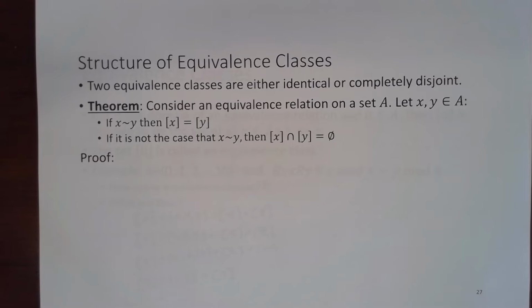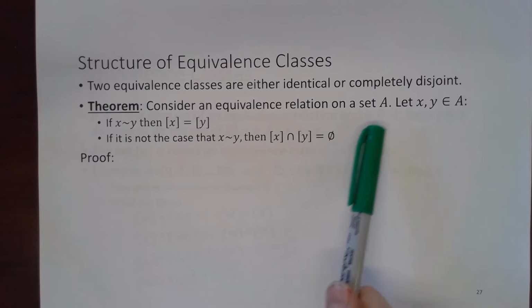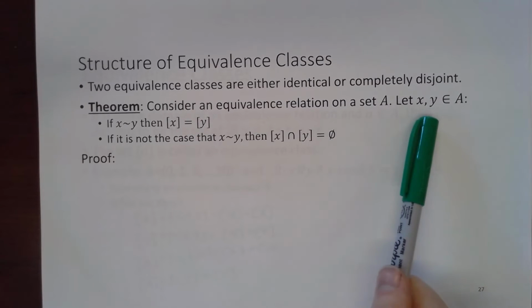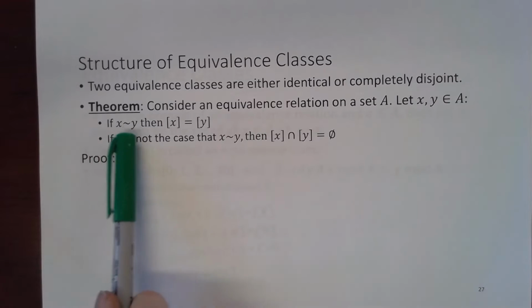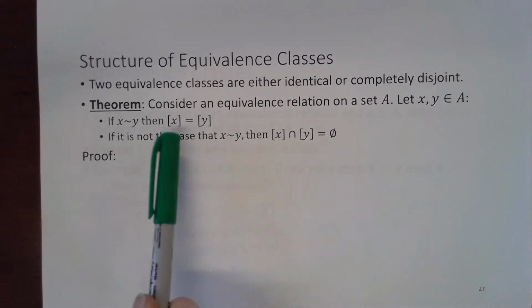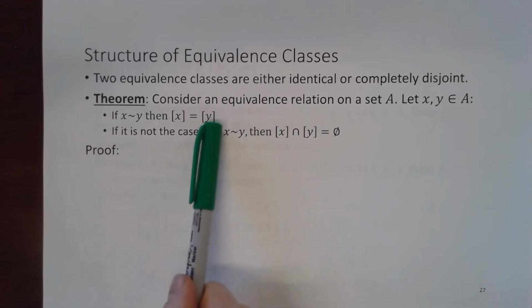Okay, so there is a theorem that tells us that 2 equivalence classes are either completely identical or completely disjoint. Let's say we have an equivalence relation on a set, and there are 2 elements, x and y. Then if x and y are related, their equivalence classes are identical.